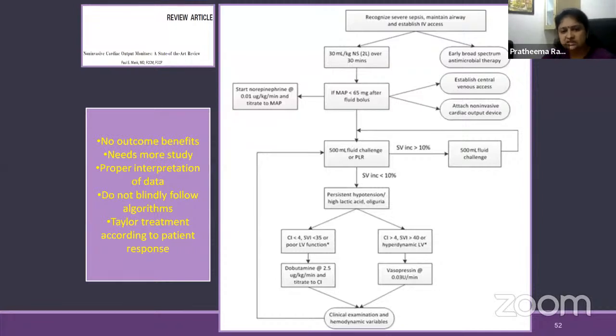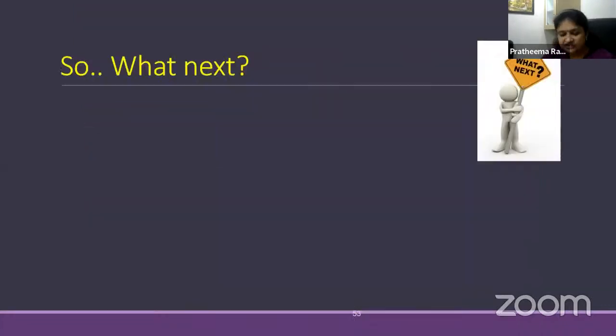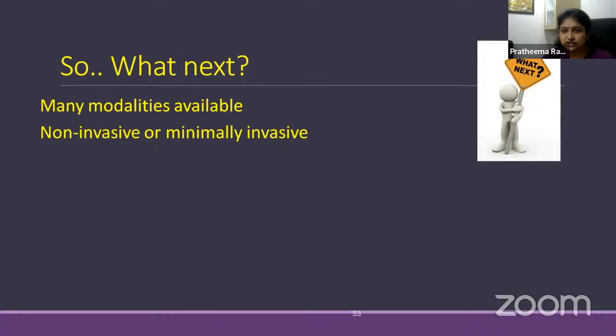But in OTs, where the patient is going for a high-risk surgery and is not very sick preoperatively, the surgeons are very happy if the anesthetists use the non-invasive methods. So what next? We have all these things, invasive and non-invasive, put together. There are many modalities available which are non-invasive or minimally invasive.